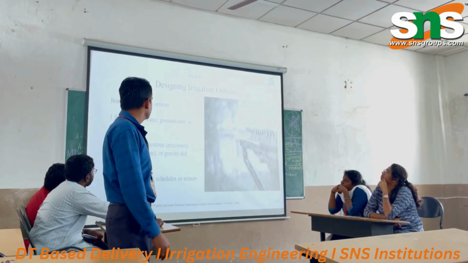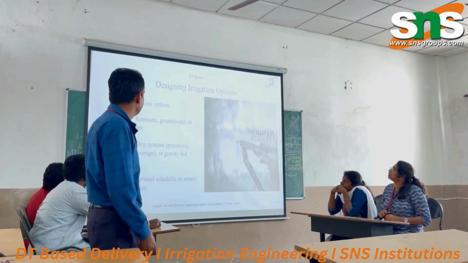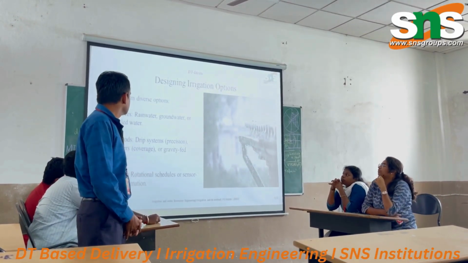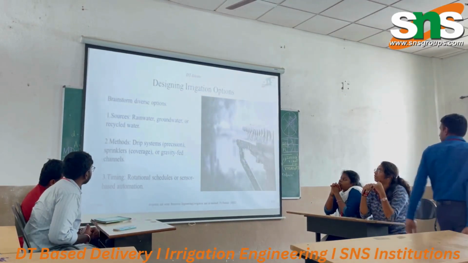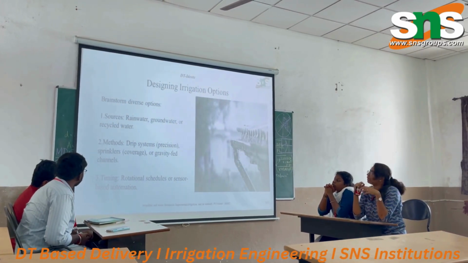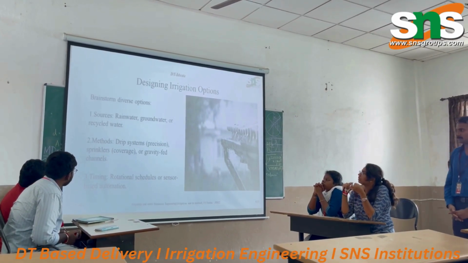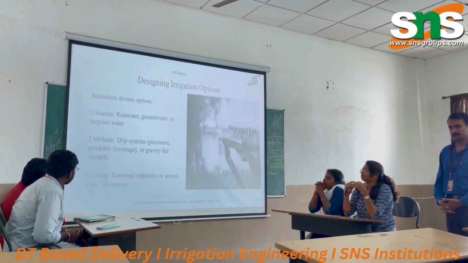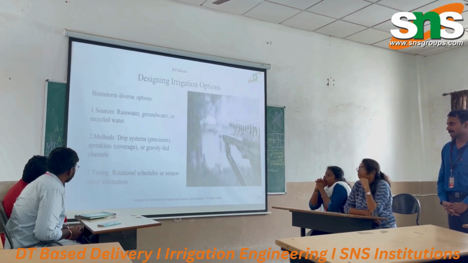The next stage is ideate, which will be explained by Maitreyi. Brainstorm diverse options. First one, sources: rainwater, groundwater and recycled water. Second one, methods: drip system, sprinklers or gravity fed channels. Third one, timing: rotational schedule or sensor based automation.